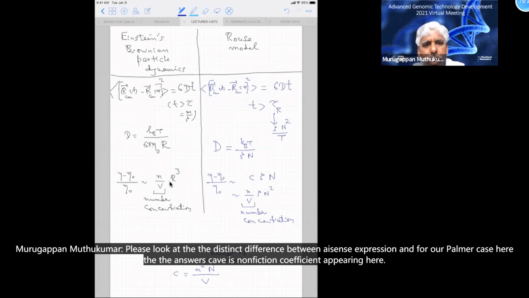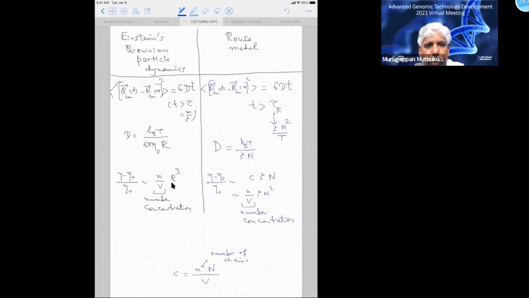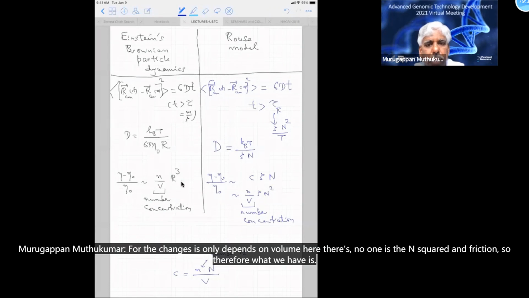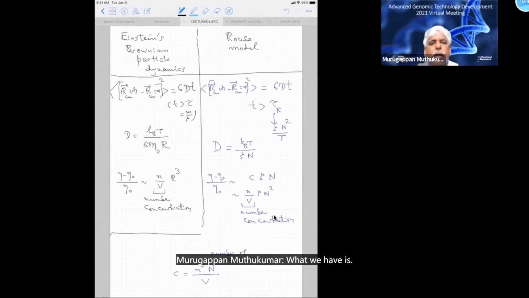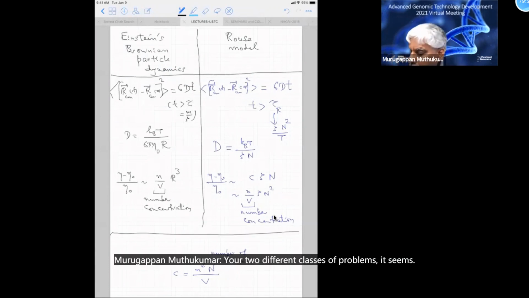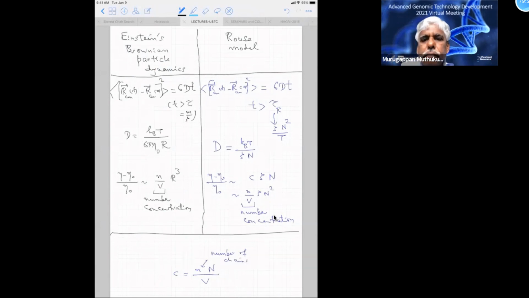In Einstein's case, there is no friction coefficient appearing here. The change only depends on volume. Here, there's no volume. It's N squared and the friction coefficient. So therefore, what we have here are two different classes of problems, it seems. That's what it seems like.